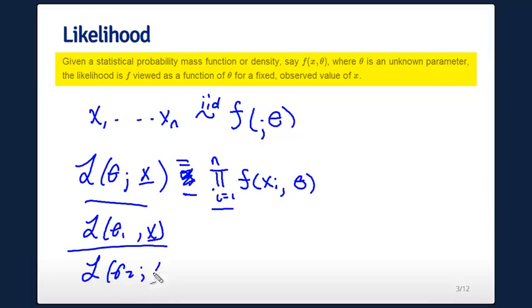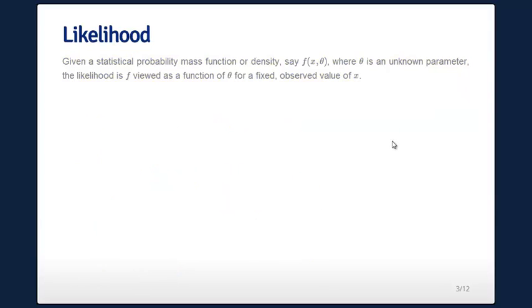That's meaningful, but you can't say that likelihood for theta 1 by itself is a terribly meaningful quantity. It's only relative to another hypothesized value of the parameter. So that's the likelihood, and that's how we usually generate it. For the purposes of this class, we're always going to have IID data, so we just take products of the density or mass function.